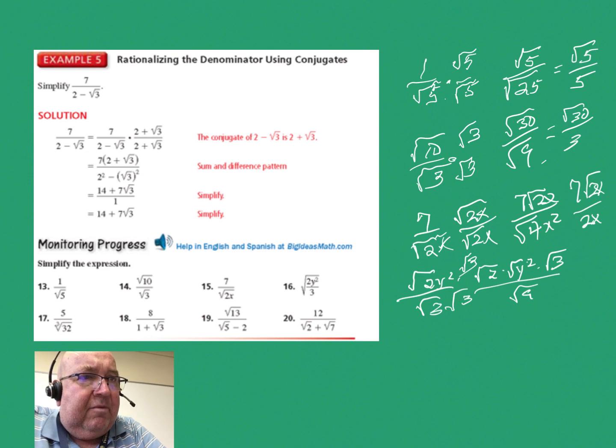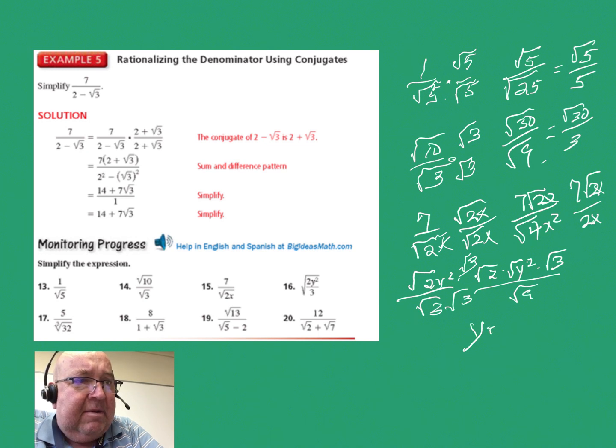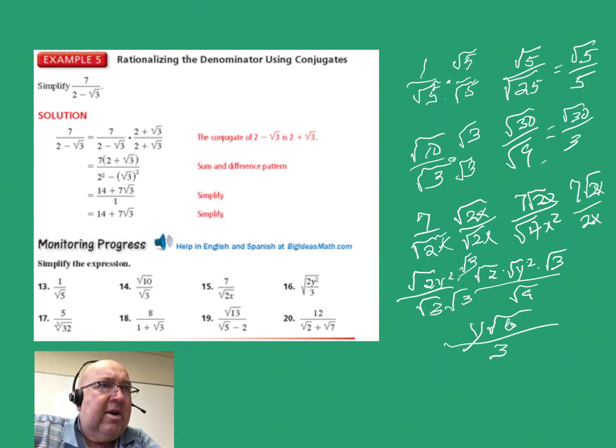First off we can do the y, and then radical 6 because we can multiply 2 and 3, and that is going to be over 3. All right, so I'm going to do the next 4 on another page.